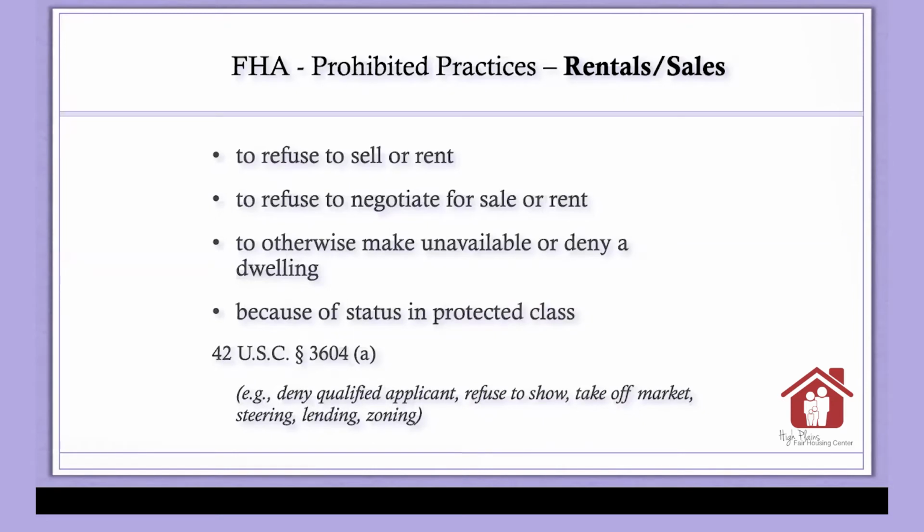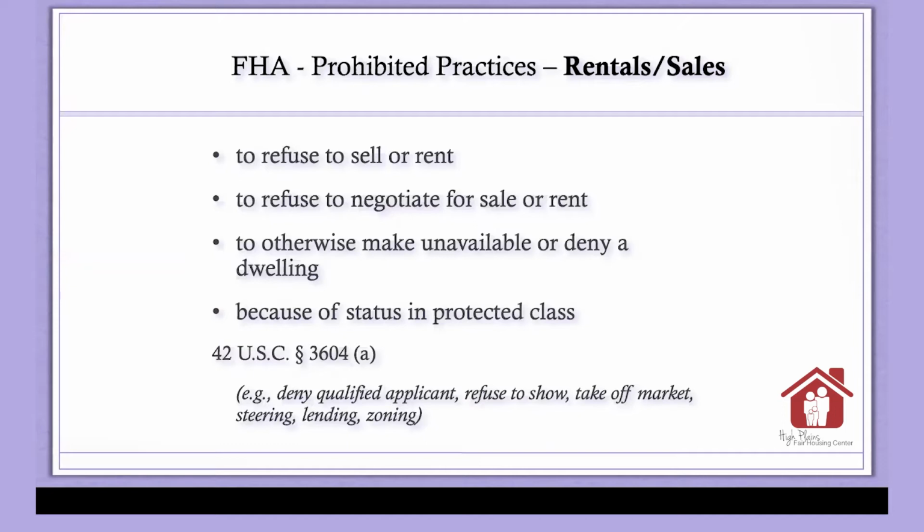And that's very all-encompassing language there that becomes important as we see in the cases. These kinds of prohibited practices with regard to rental or sales are discriminatory practices if they're engaged in because of someone's status in a protected class.